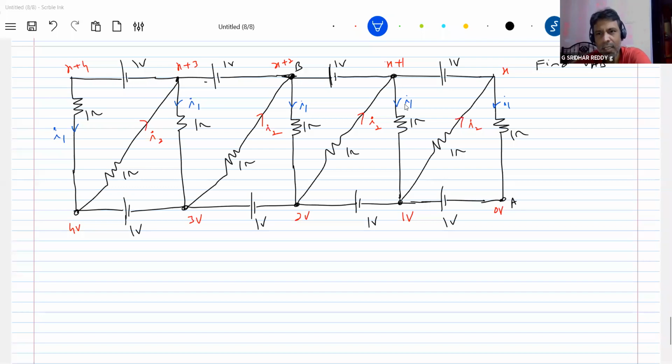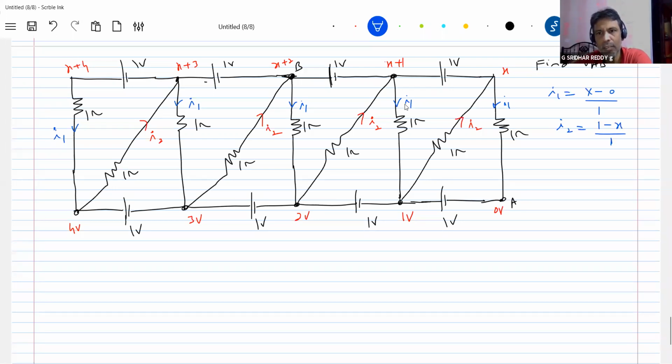It's quite easy. You can see now, what is I1? You can write it from here: X minus 0 by 1. Looking at this, similarly, what is I2? I2 will be 1 minus X by 1.